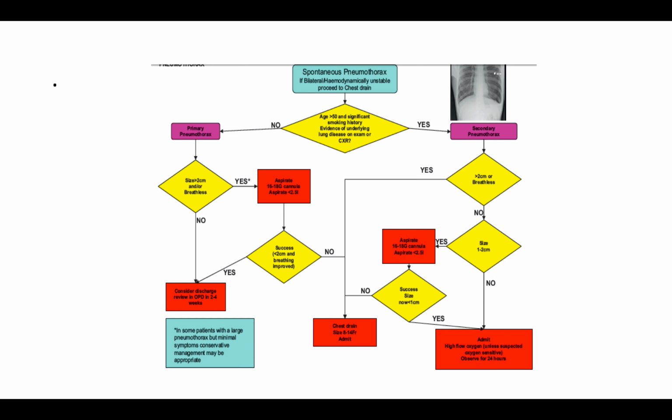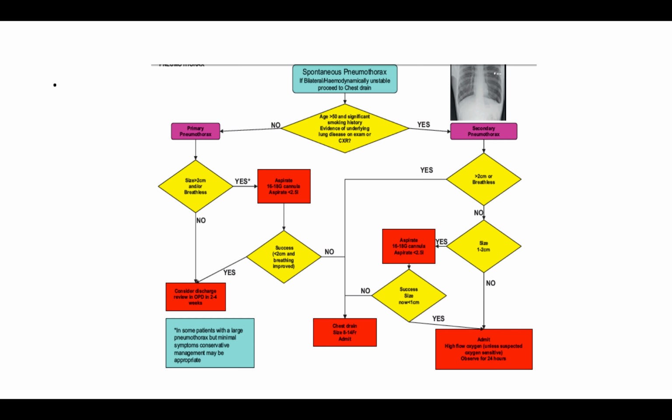So, in the case of a secondary pneumothorax, if the patient is breathless or the size of the pneumothorax is more than 2 centimeters, then a chest drain should be inserted and the patient should be admitted.